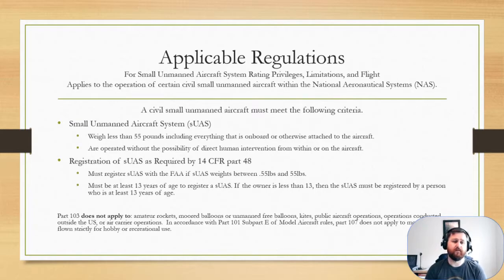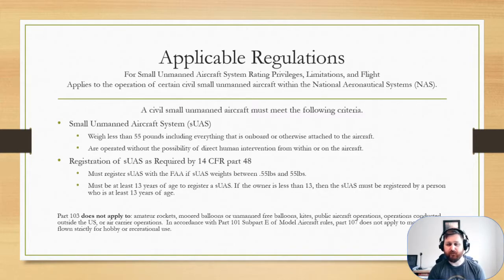Registration of the sUAS is required by 14 CFR Part 48. What this means is that any sUAS weighing between about 0.55 pounds and 55 pounds must be registered with the FAA.